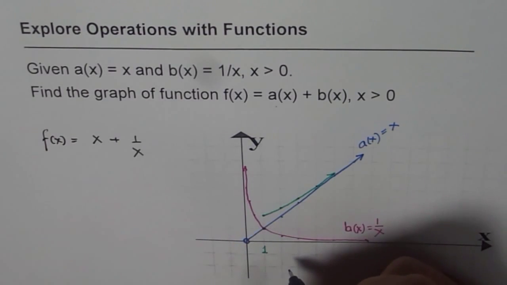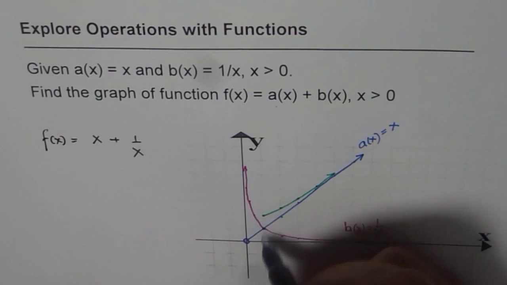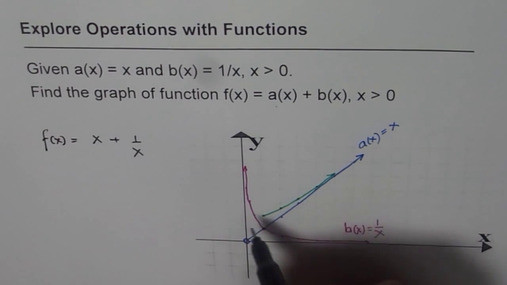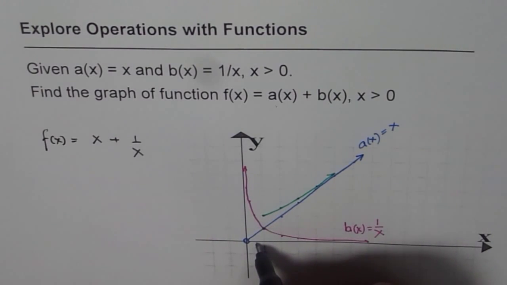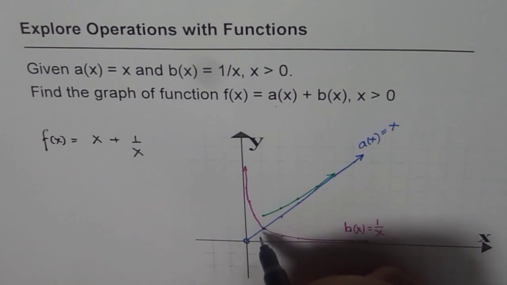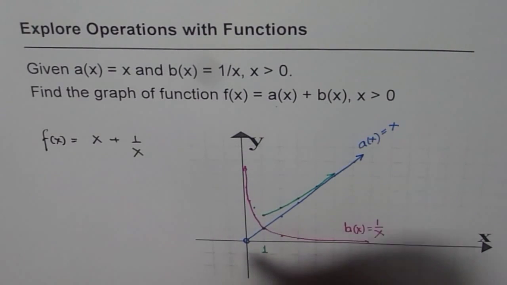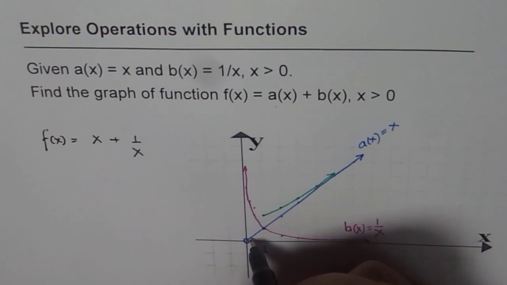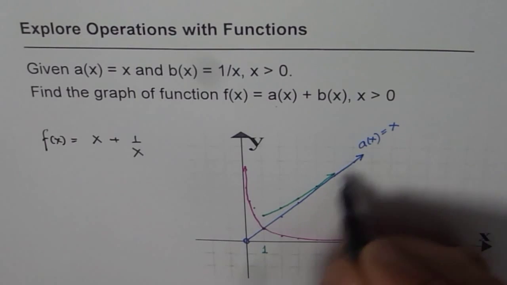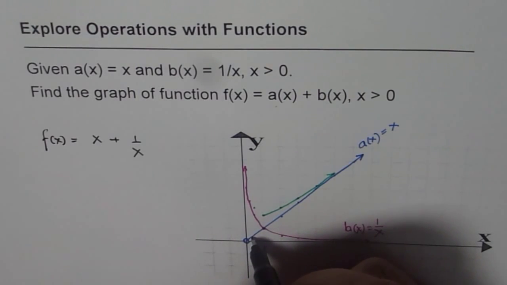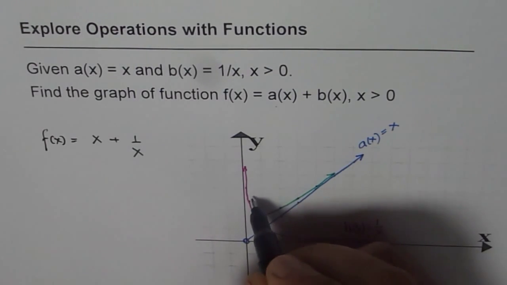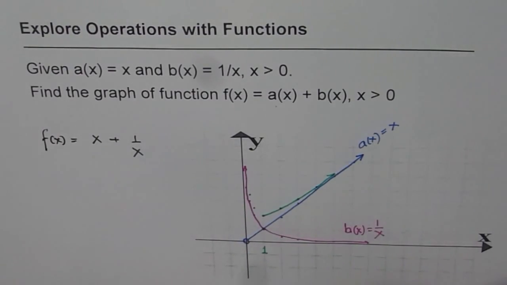On the left of x equals 1, if my value is half, in that case it is half plus 2. So it's 2.5, right? We get a point here. If it is 1/3, then 1/3 for x and 3 for y. So we get 1/3 more than 3, right?